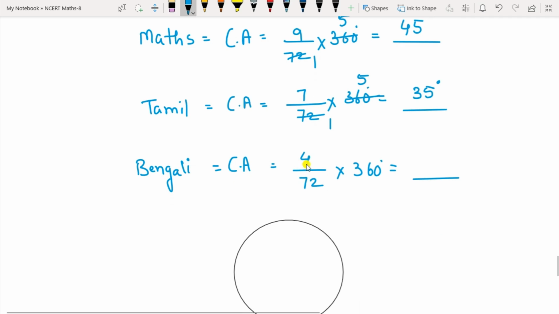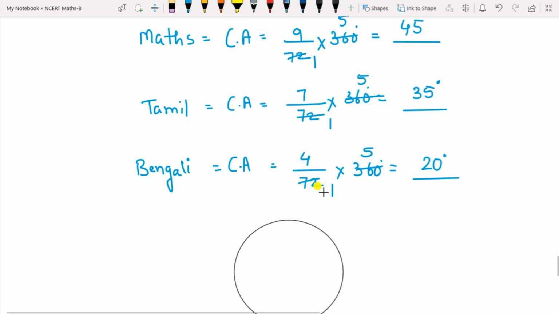And Bengali, 4 upon 72 into 360. 4 5s, 20 degrees is the central angle for Bengali. Okay. Now we need to draw the pie chart here.